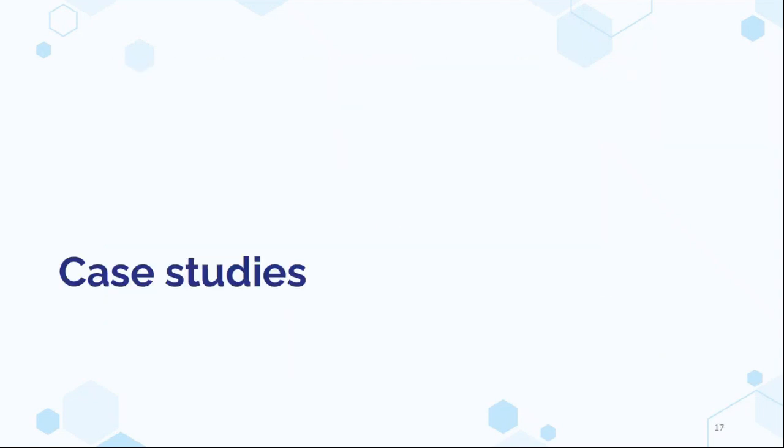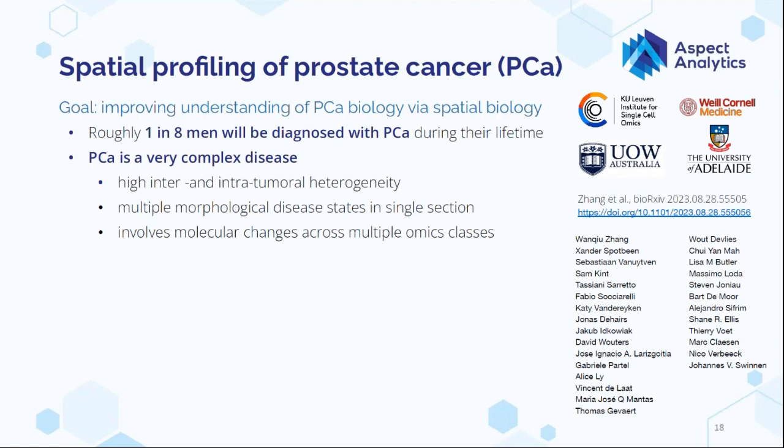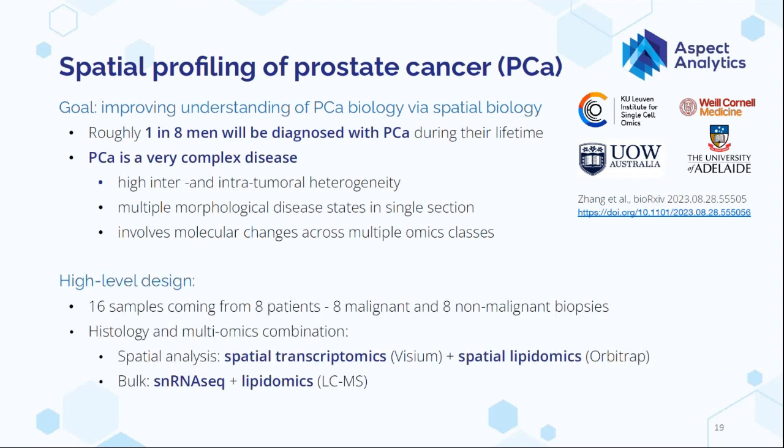Now let's dive into some case studies, and I'll start with the project that Professor Voet already indicated about prostate cancer. Part of the introduction, I think, is already done very well, so I don't have to repeat this. The main thing here is we started from 16 samples coming from 8 patients. 8 samples were malignant and 8 were non-malignant.